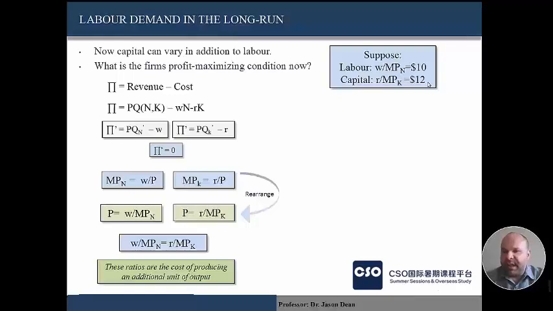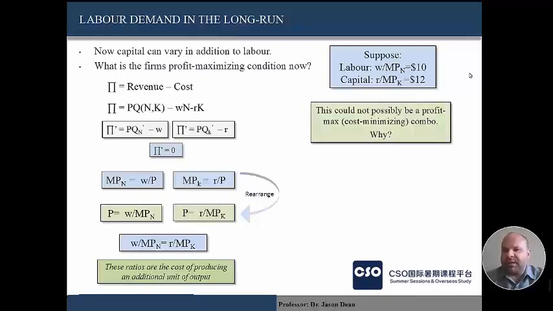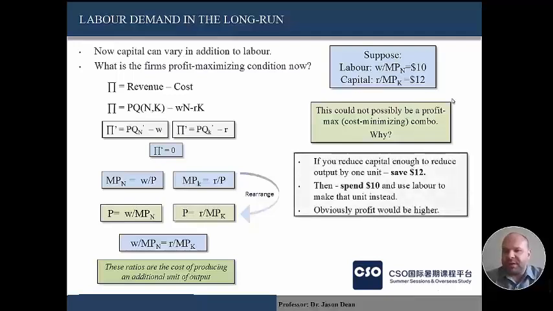If these two aren't equal, then this can't possibly be profit maximizing because the firm can just reduce its capital by enough to save one unit, and then they would save $12. They would make one less unit with capital, save $12, and make one more unit with labor, and only spend 10. So they're getting the same output, but they've reduced their cost by $2. So obviously then profit would be higher.